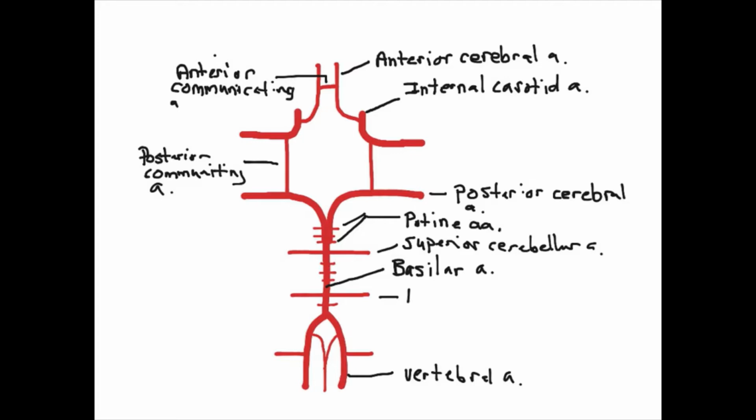There is an anterior, because in anatomy we don't use words we don't need, anterior inferior cerebellar, a period artery, and then we have right here the posterior inferior cerebellar.